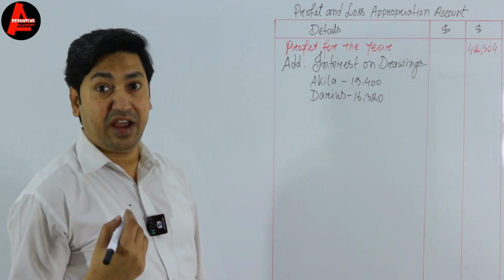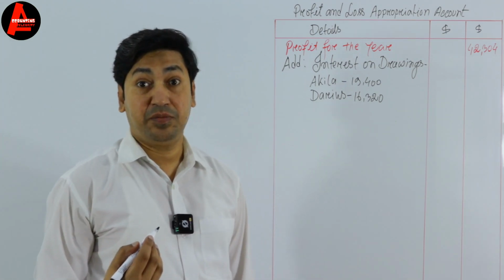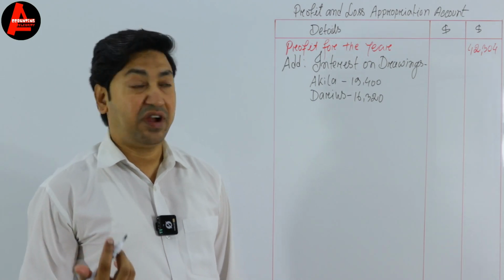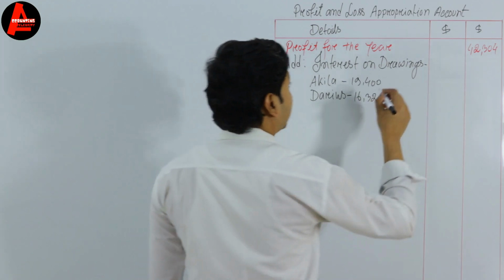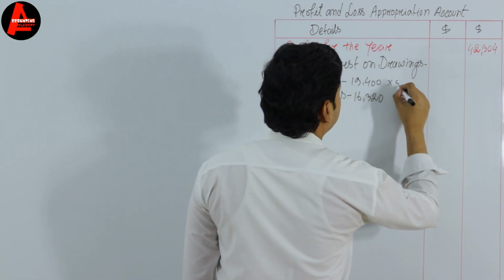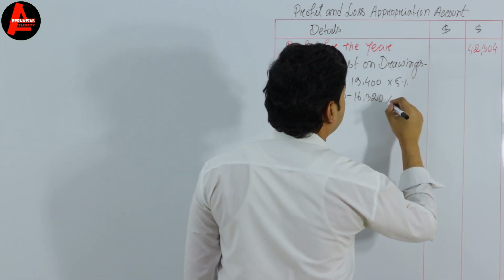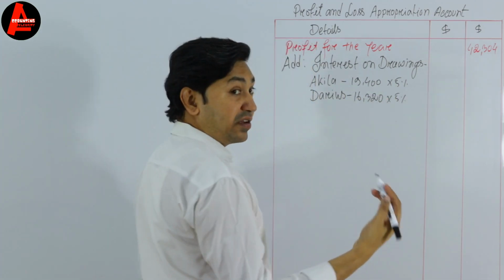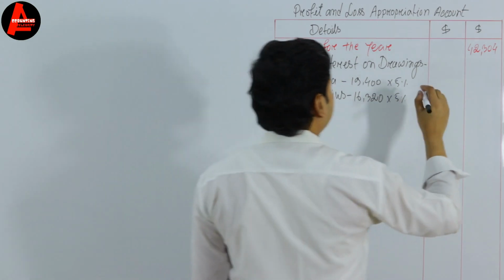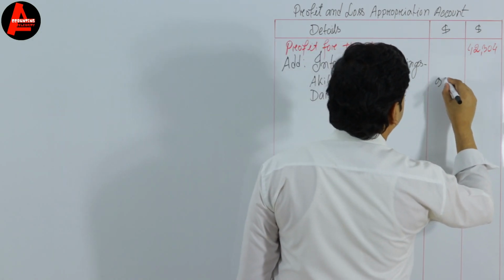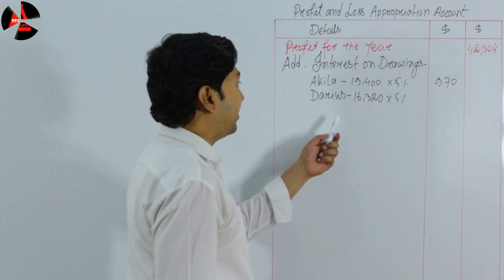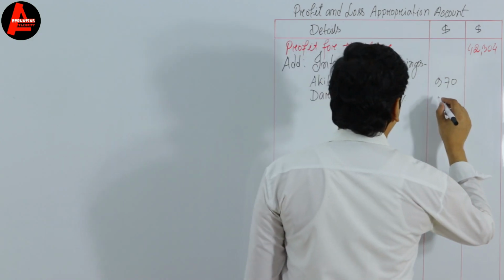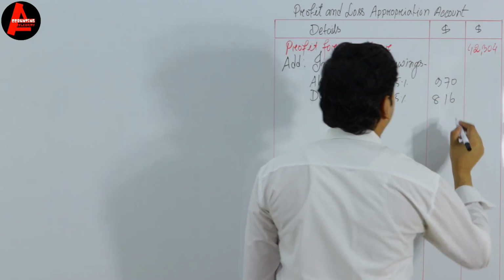The interest on drawings is 5%. That means if any partner makes drawings from the business, they have to pay interest at the rate of 5%. So we multiply by 5% here and here also. Aquila: 19,400 times 5% gives $970, and Darius: 16,320 times 5% gives $816.